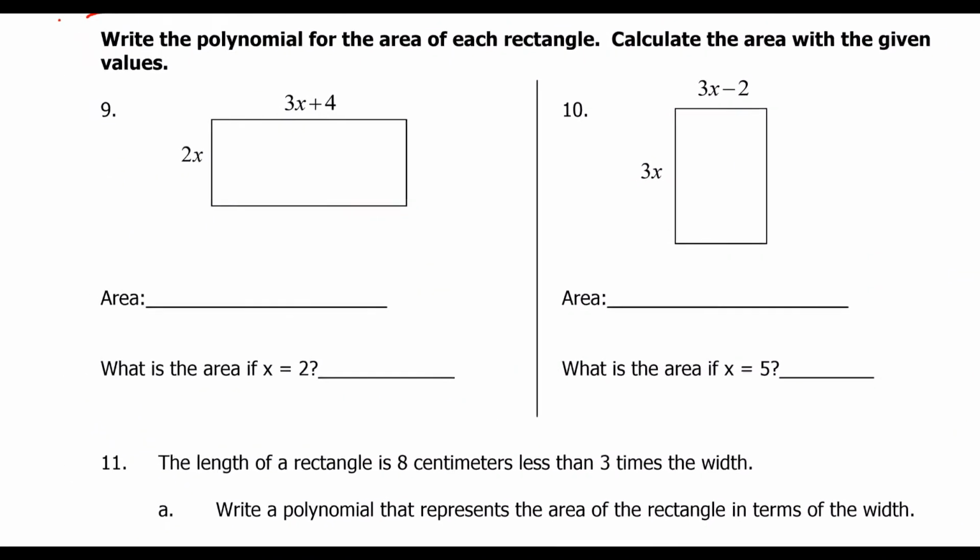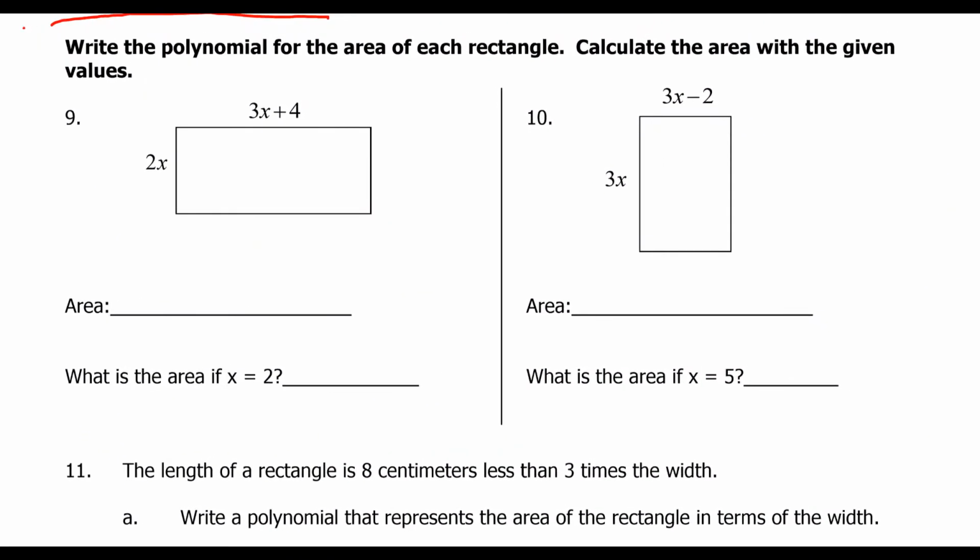Alright, number 9, it asks us to write a polynomial for the area of each rectangle and then calculate the area with the given value. So my brain instantly goes, okay, I need to find the polynomial. That part's easy, and then we just need to use this to plug in and find an actual number.